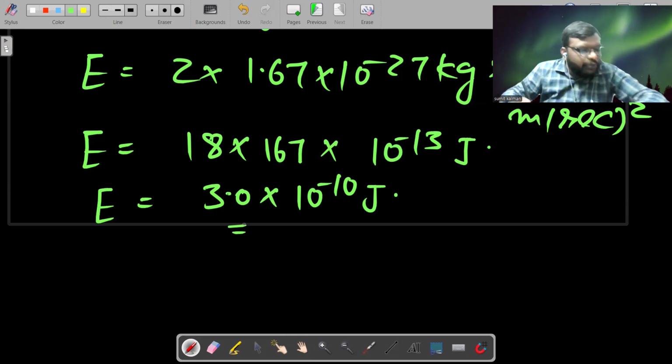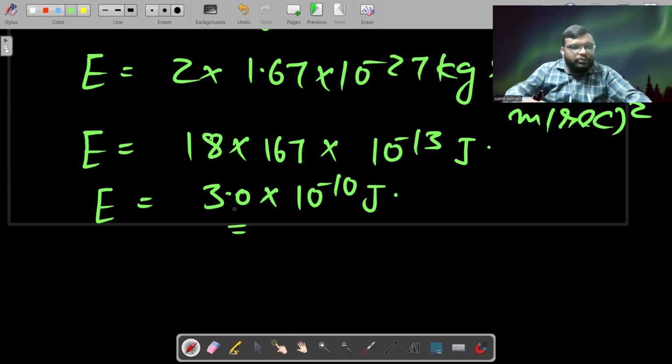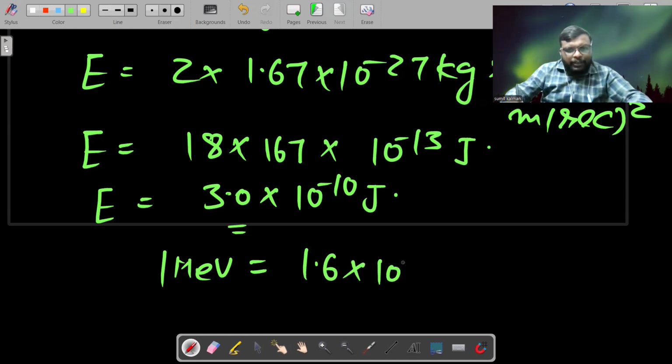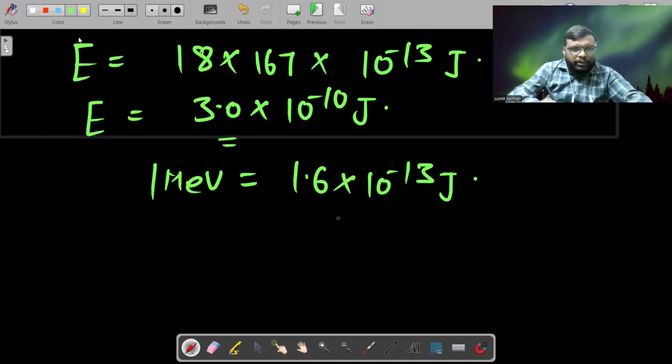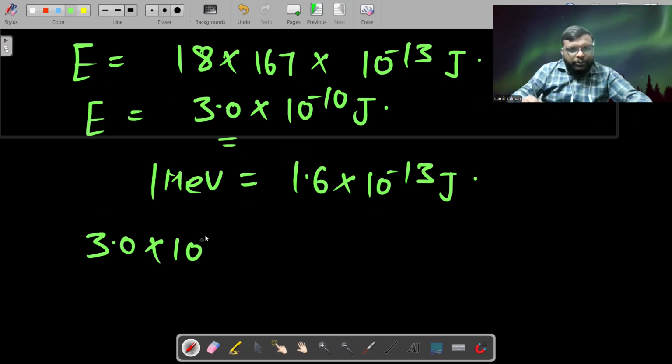So now students, we want the answer in mega electron volt. So students, 1 mega electron volt is equal to 1.6 into 10 to the power minus 13 joule. So here we will convert 3.0 into 10 to the power minus 10 joule.